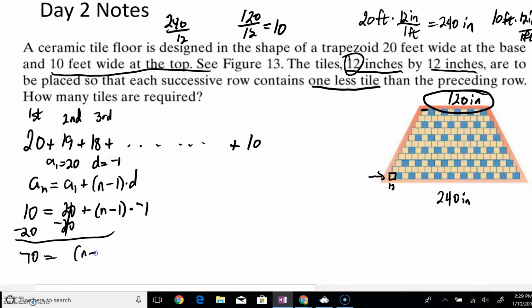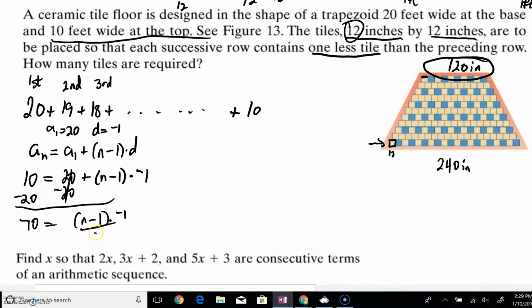And at this point, I'm going to divide both sides by a negative 1, to have 10 is equal to n minus 1. And that would lead us to say n is equal to 11. So this is our 11th row. Another way to look at this is a sub 11 is 10. So now I know that I am, in fact, adding up 11 terms in this arithmetic sequence.